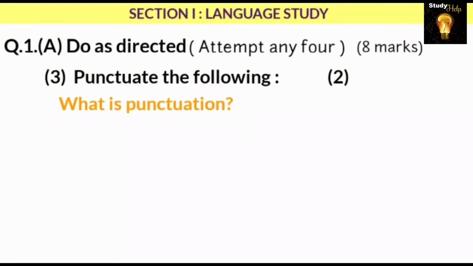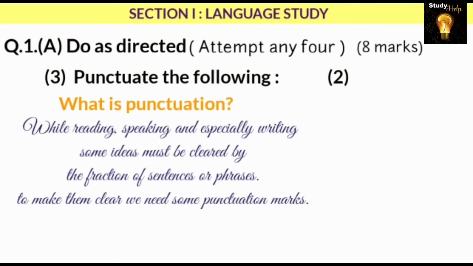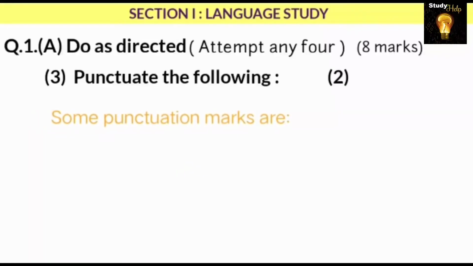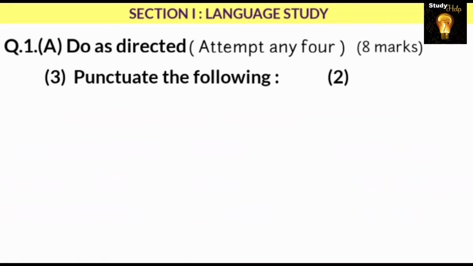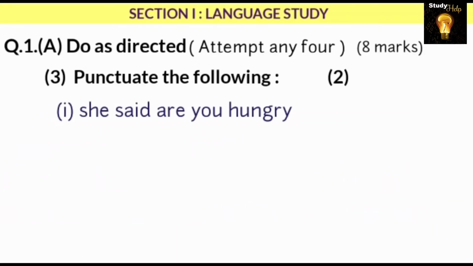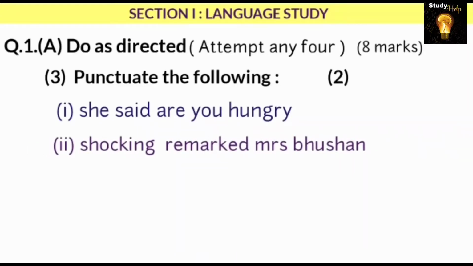Third activity is punctuate the following. Punctuation is very important to know the idea very clearly. We must use punctuations in writing. While writing, these are very important. 2 sentences will be there. For example, the first sentence here, she said, "Are you hungry?"